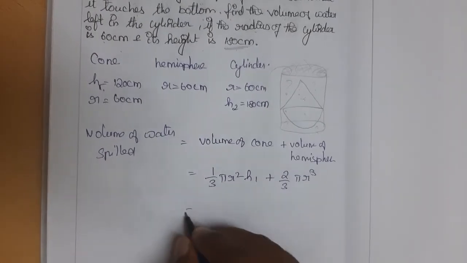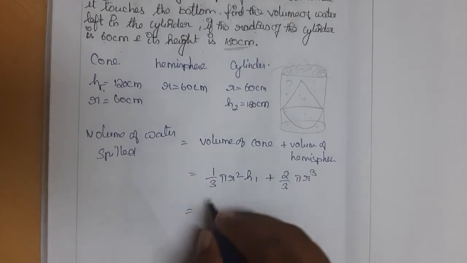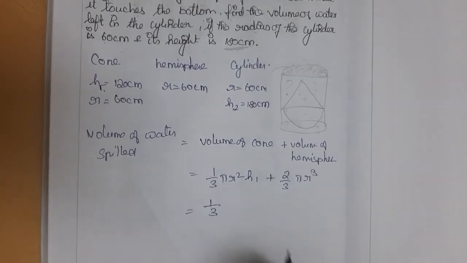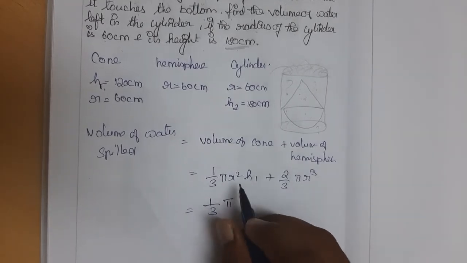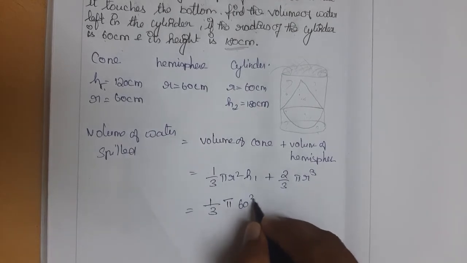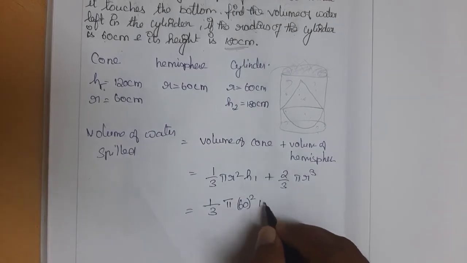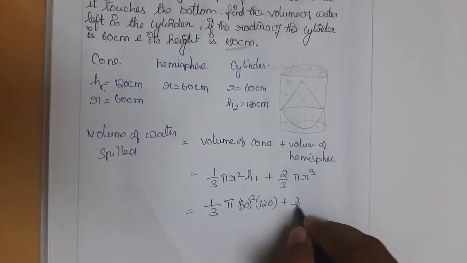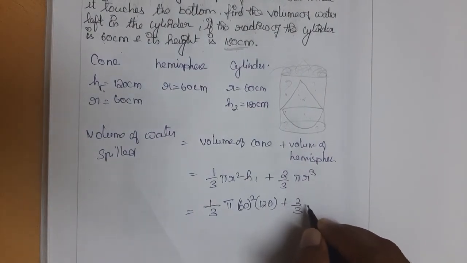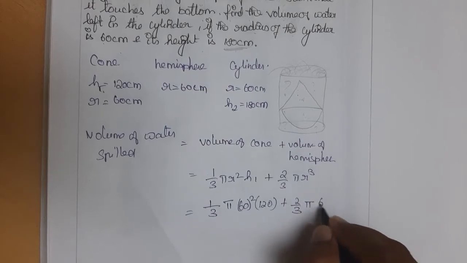Let me substitute, and don't substitute the pi value; at last we can substitute. 1 by 3 into pi into 60 square into the conical height 120, plus 2 by 3 into pi into 60 cube.